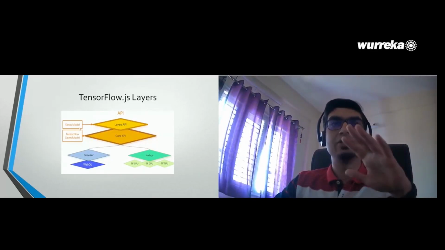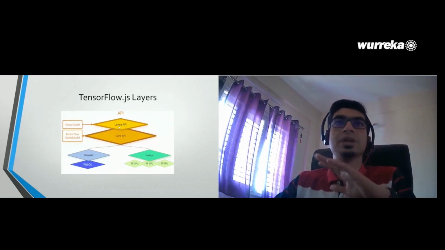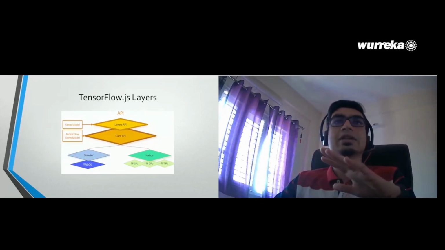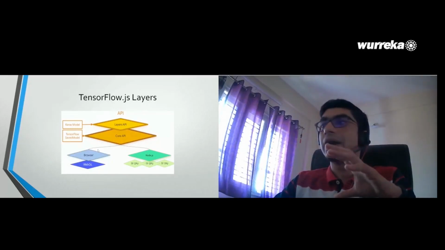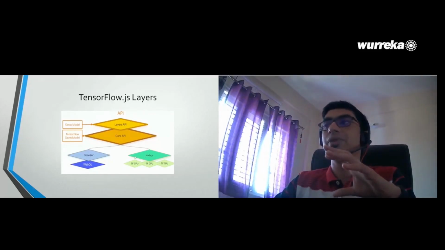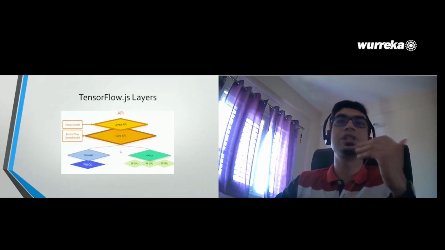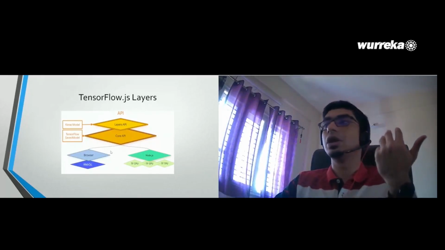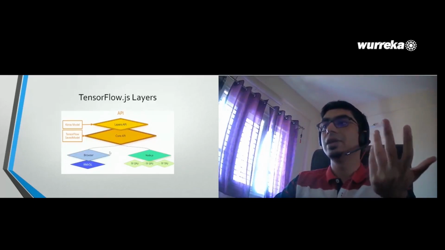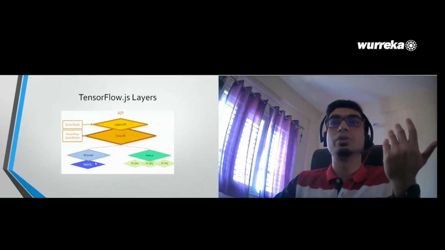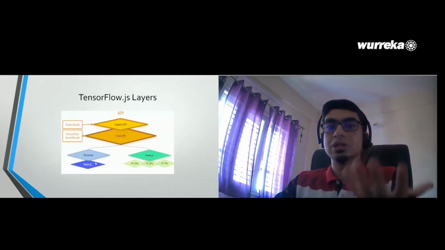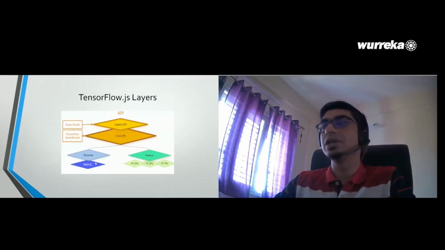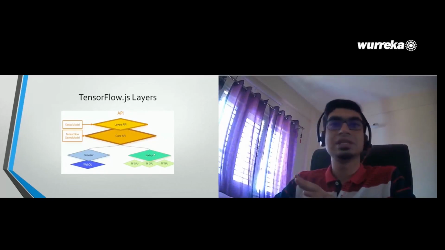You can still use the similar Keras upper-level or higher-level layers, and then typically we have the core TensorFlow layers, but the main part goes in the backend, where the backend computational engine, if it is run on a browser-based client device, uses something called WebGL, which is used to train the models and perform the real-time inference. But apart from that, we talked about Node.js as an engine, right?